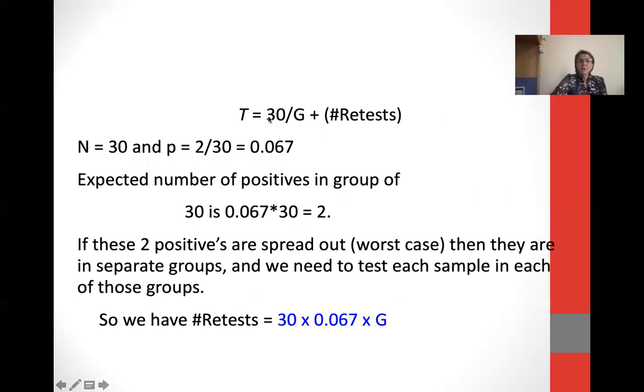So our total number of tests is 30 over G plus our number of retests. And our number of retests is really that expected number of positives, which was 2, right? So we had this 30 times 0.067, but that's just the expected number of positives, times our group size.